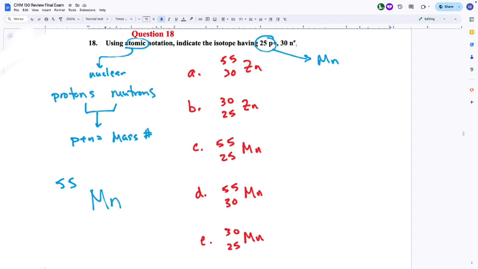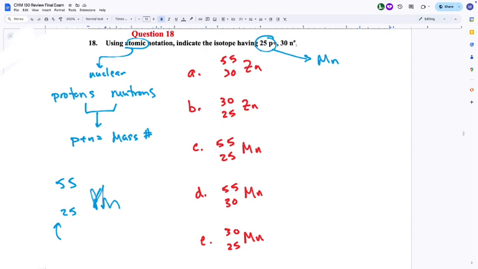Okay. And then let's say that someone's a sloppy writer and it's really hard to see what they wrote. We might want some redundant information to help make a little bit more clear about what that was. Because we can't read the symbol, we would need an extra number. That extra number would represent the amount of protons held by that element, and that gets written in the lower left-hand corner, here, 25.